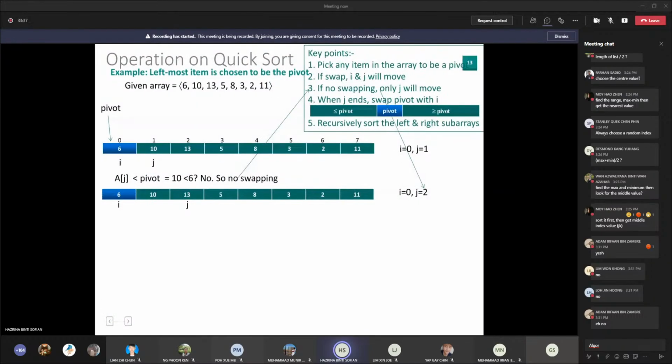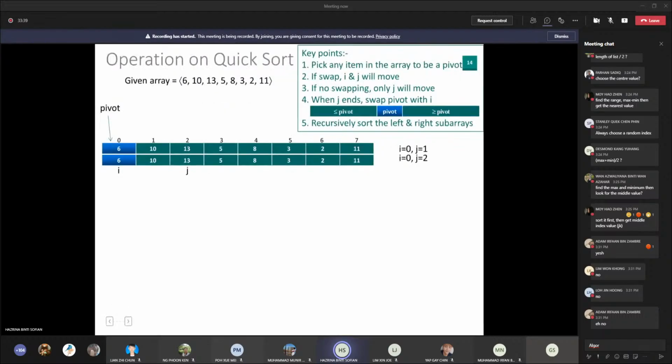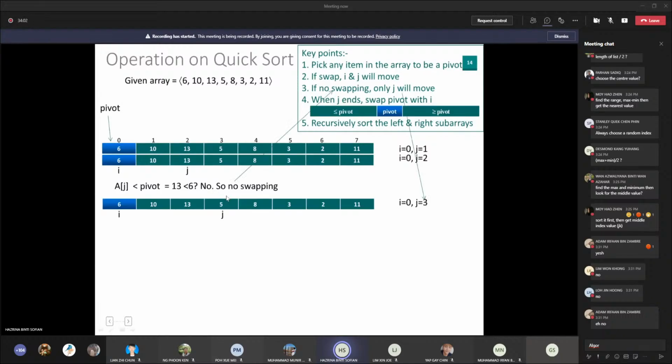Then we compare. Is aj smaller than pivot? Is 13 smaller than 6? No. If no, again, there won't be any swapping.